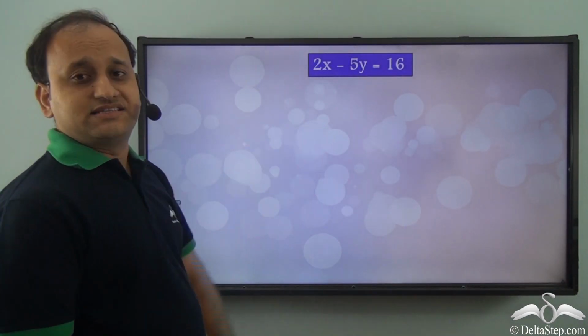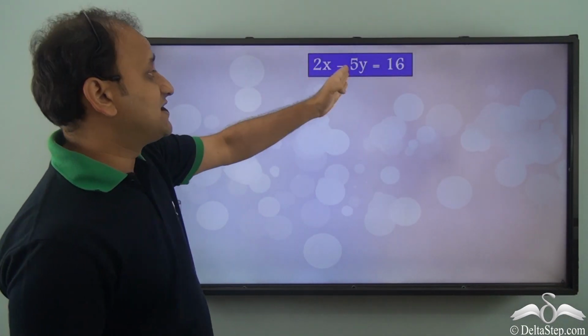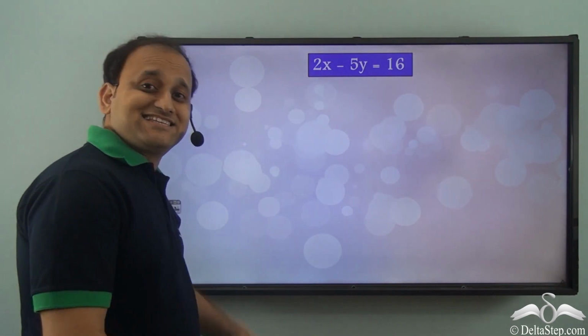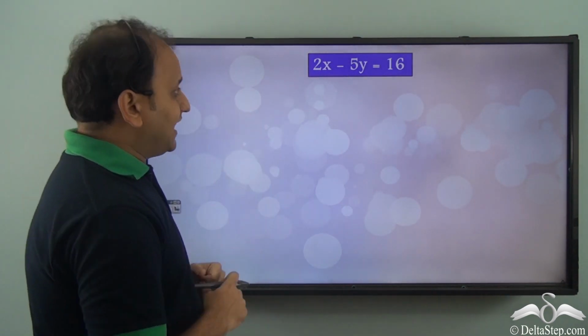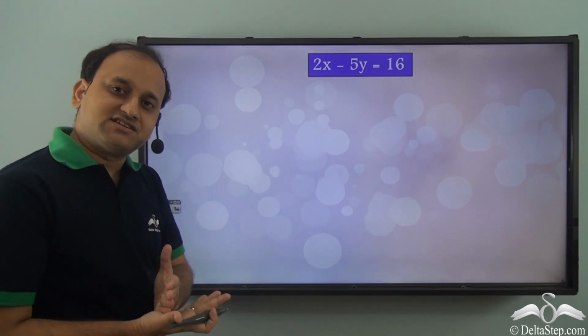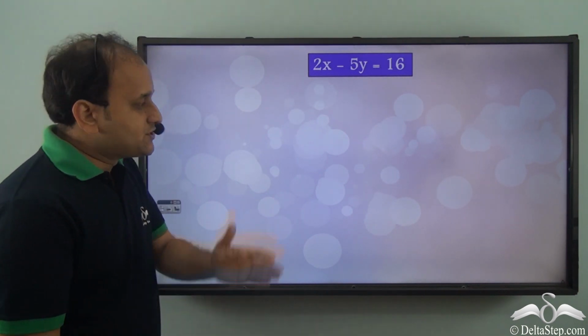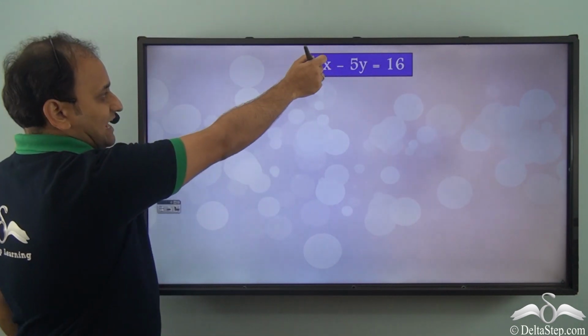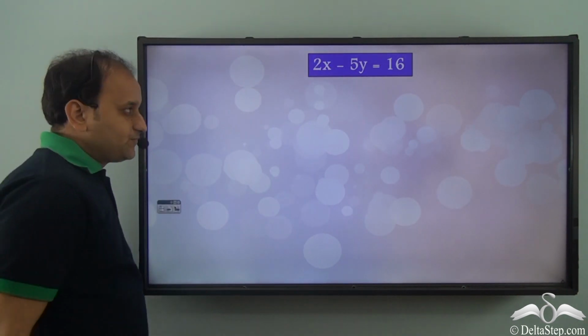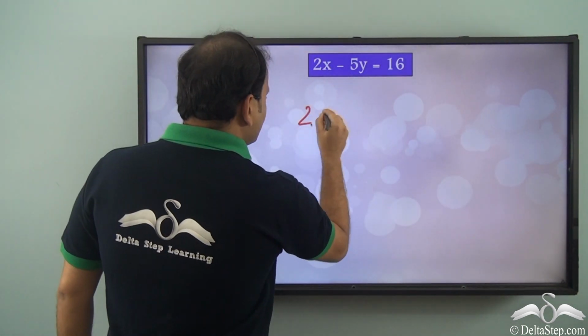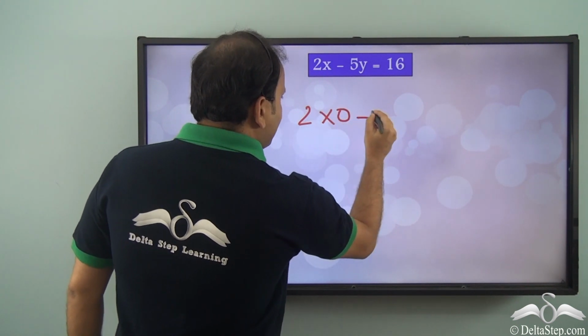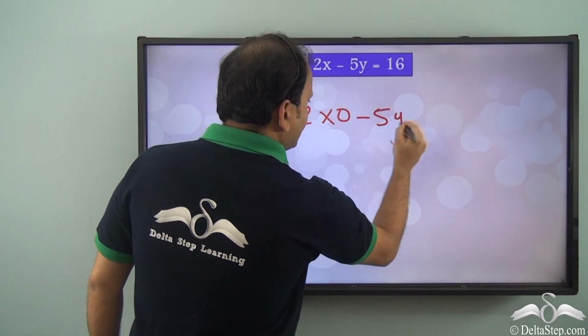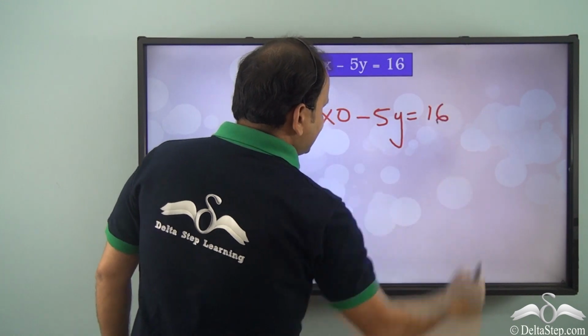Now let's take another example. So here we have 2x minus 5y is equal to 16. Now in this case again, we'll try to find the x-intercept and y-intercept. So let's start with the y-intercept. So we'll take x as 0. So what will we have? 2 into 0 minus 5y is equal to 16.